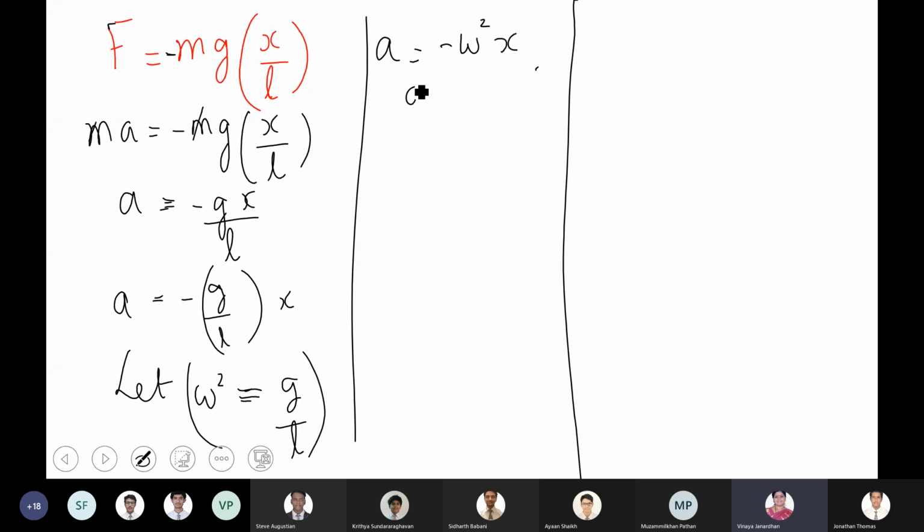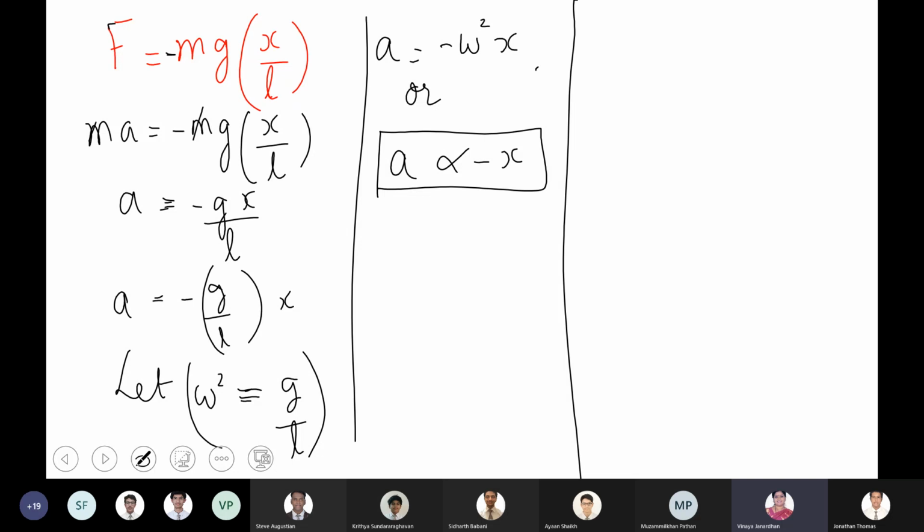Or I can write omega is a constant, that's the angular frequency. a is proportional to minus x. Always happens in CBSE. What you learn in grade 12 in maths will be applicable in grade 11 physics. So a is proportional to minus x, which means this type of motion is said to be simple harmonic motion.